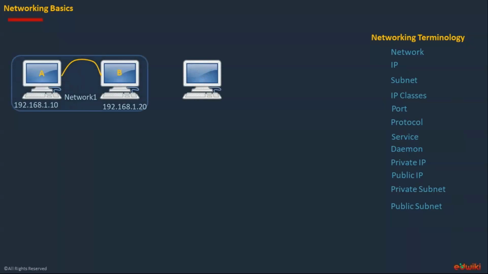Right? So let's say I have one more pair of servers with me, called C and D. If the C and D servers are communicating with each other, because these two are connected in that way, definitely each server would need its own IP address. Let's say C is identified using the IP 192.168.1.10.